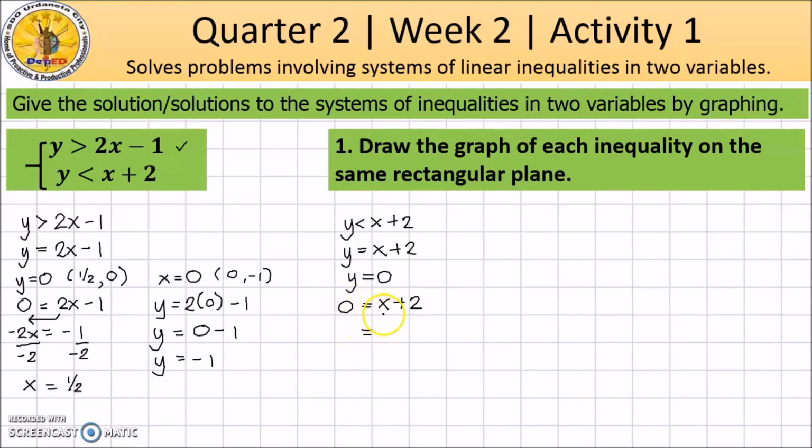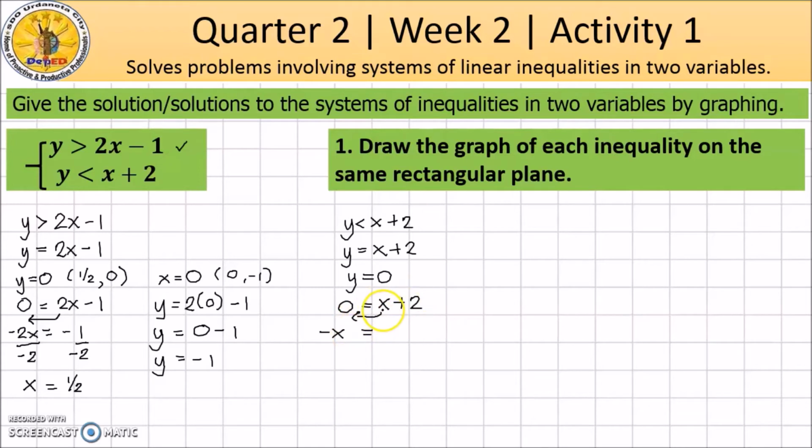Next, we're going to isolate the variable x on the left side of the equation. So if we transpose this, we have negative x. Take note that the sign will be changed when we transpose. So from positive, it will become negative. And if this is negative, this will become positive when we transpose.